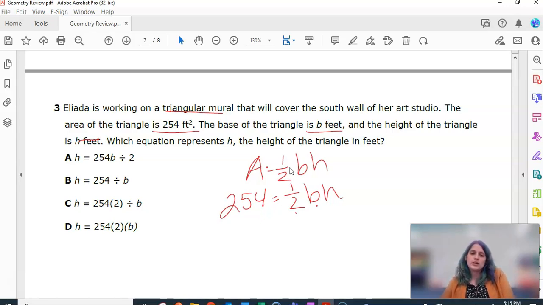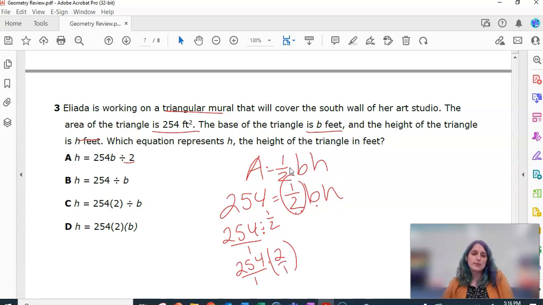So we have 254. Let's start with the half. The opposite of times 1/2 could be divided by 1/2. We could say 254 divided by 1/2. But I don't actually see that anywhere, and dividing by 2 is not the same thing. Another option is to say, okay, well, what if I actually did that multiplication? I would make this a fraction, then I would keep my first fraction the same, change it to multiplication, and multiply by the reciprocal.